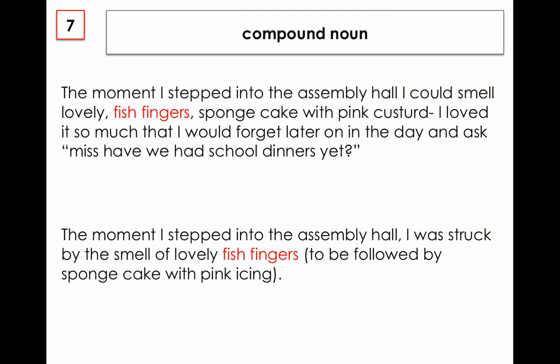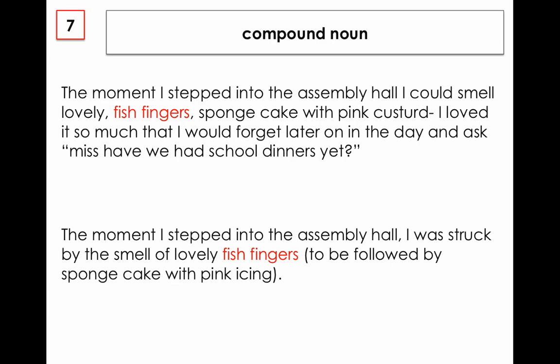Compound noun, yes. A few slides back we had school days as a compound noun, and here we've got fish fingers. Fish is a noun, finger is a noun, fish finger, two nouns together, and these make really just one noun. This is worth pointing out because if we're looking at the list here, I could smell lovely fish fingers. Well, in the first sentence the word lovely is an adjective, and it shouldn't be separated by a comma there.